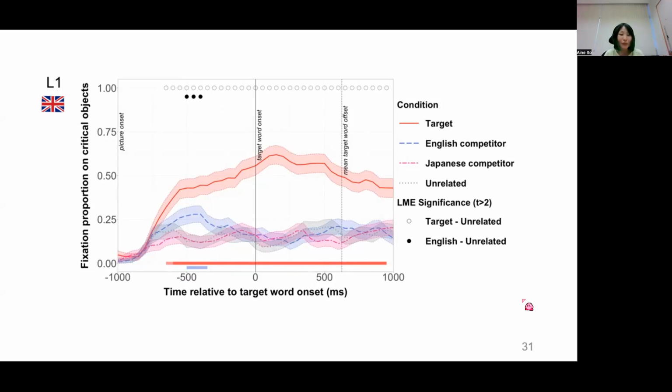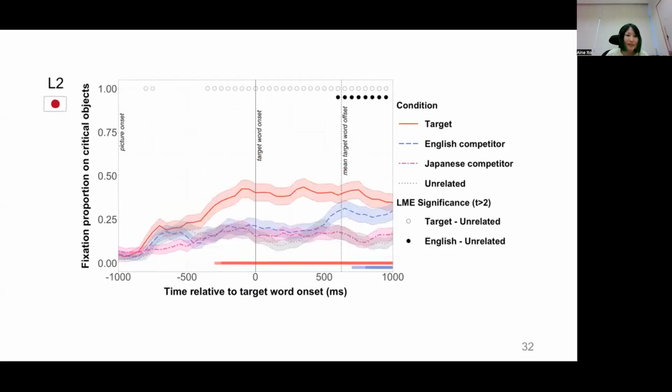Okay. So what we see here is the significant cluster for the target versus unrelated comparison, right? Roughly corresponding to these windows, but the LME analysis shows significant effects very slightly earlier than this. And for the English compressed effect, it actually seems to correspond to these bins that were detected in the LME analysis.